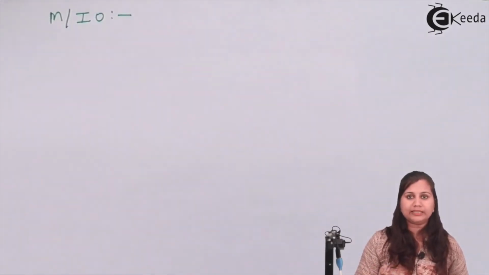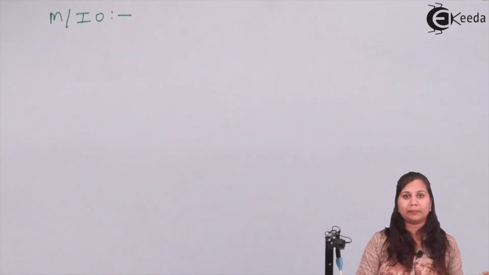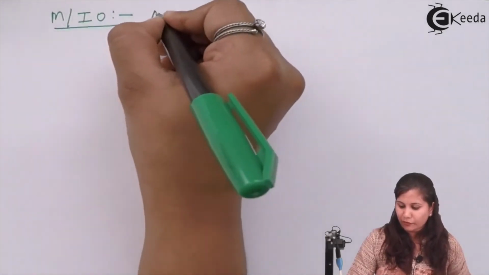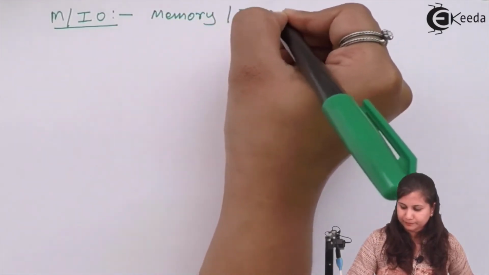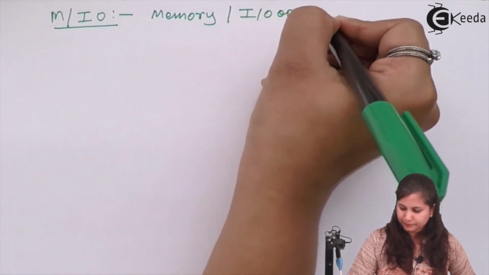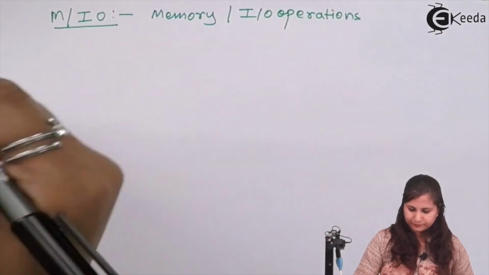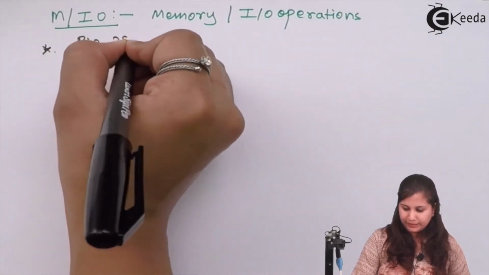It indicates whether the operation performed by the 8086 is a memory operation or an input output operation, like whether it is memory read, memory write, or input output read and input output write. It is available at pin number 28.